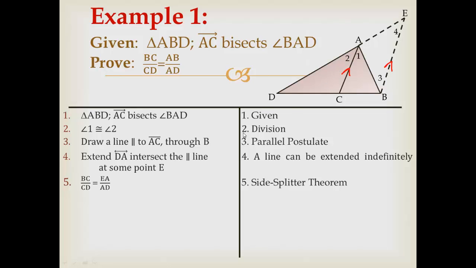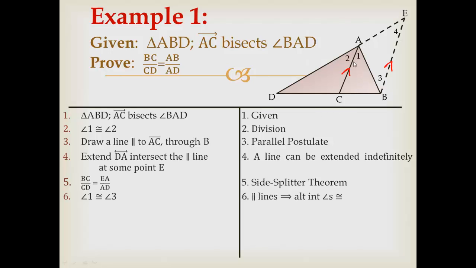So because of this, we could say that the ratio of BC to CD is equal to, or creates a proportion of ratio EA to AD because of the side splitter theorem, which, if you recall, is Theorem 65.